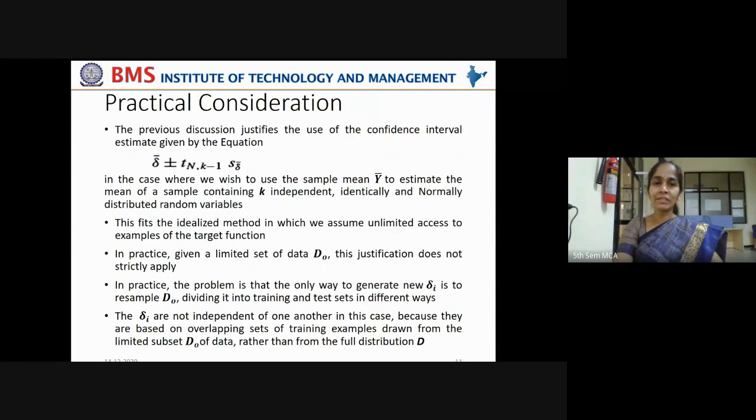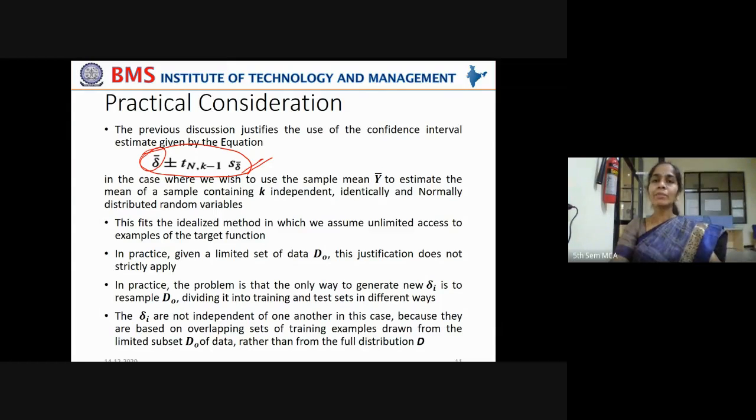Now, the previous discussion justifies the use of the confidence interval estimate given by the equation. Here, the confidence interval estimate is calculated by this equation: delta bar plus or minus the critical value t at confidence level n and k minus 1 degrees of freedom, multiplied by the standard deviation of the mean error.